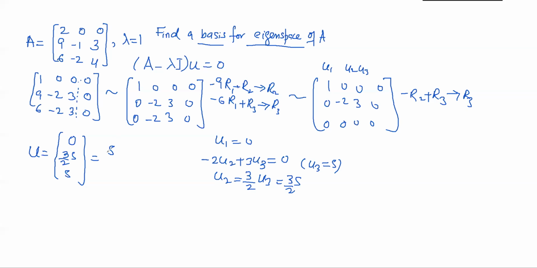So 2s will still be s. Instead of 0, 3 by 2, 1, I can write 0, 3, and 2.